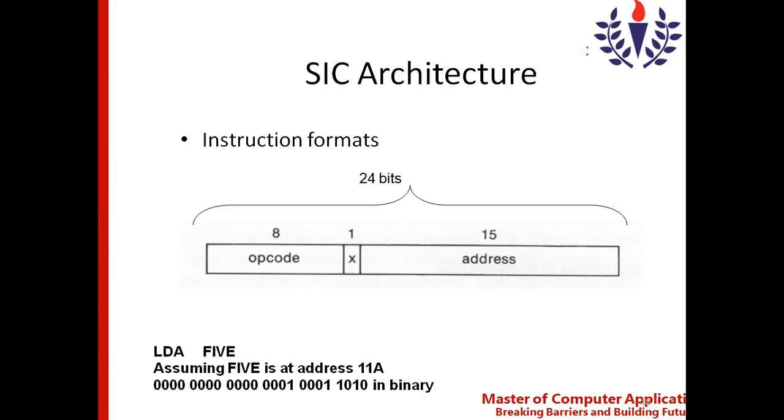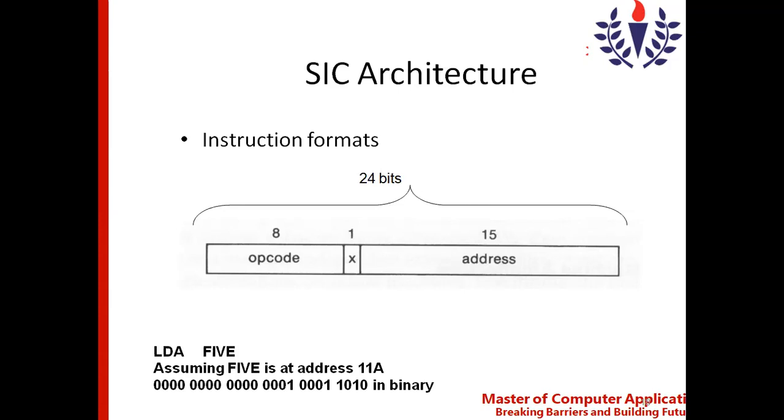Say for example, we have an instruction like LDA 5. So 5 is at the address 11A. When you represent this opcode, for LDA we use the corresponding value 00. This 00 can be represented as 4 zeros followed by 4 zeros, and then a zero because the X bit is 0.